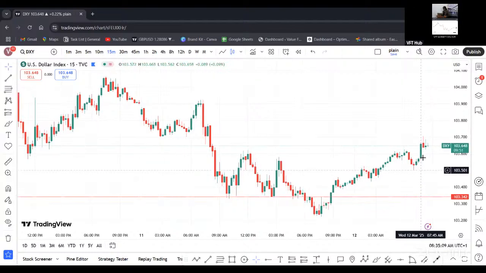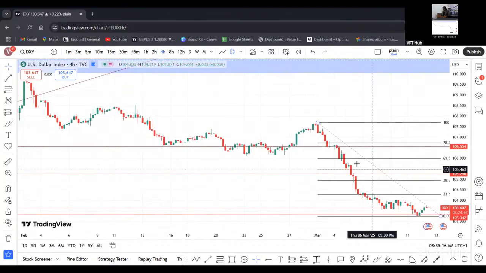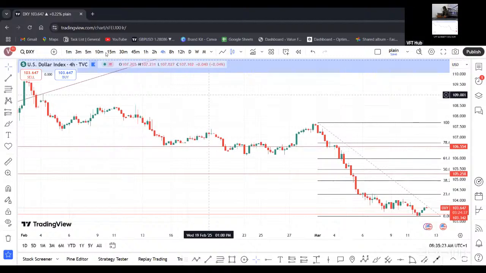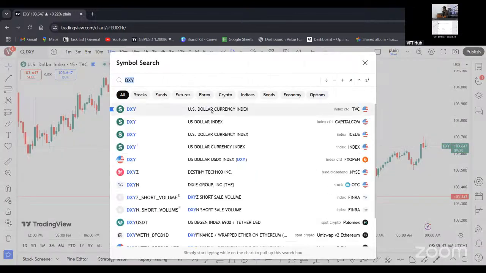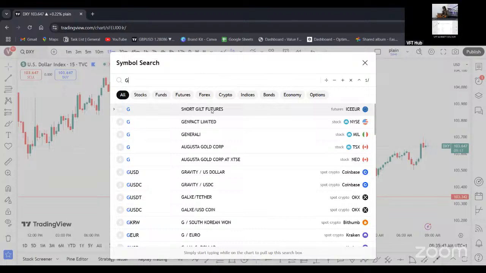Once I see price retracing into this level, I'm willing to buy the DXY all the way into the 4-hour order block, again residing at 106.123 level. So please take note of this level that we're calling out right now. I want to see price retracing into this left shoulder at 103.342, and once price trades into that level, I will be willing to take the buy of the DXY all the way into the 4-hour order block.